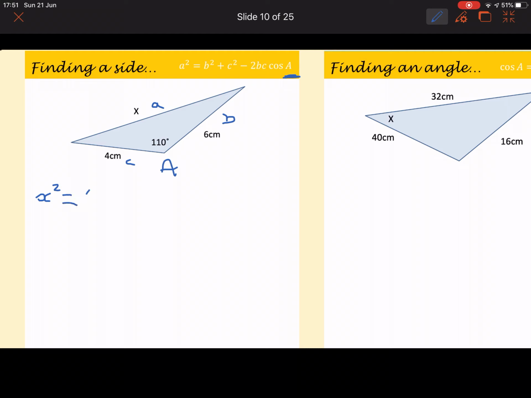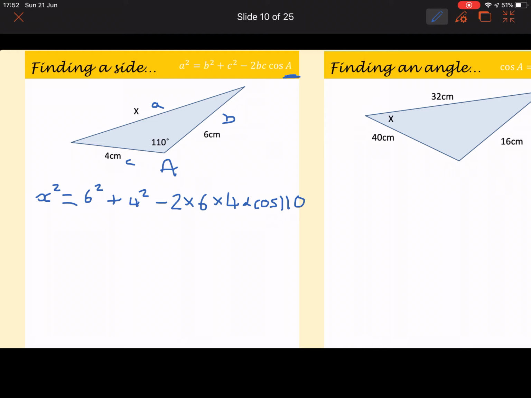Equals b squared, so that's 6 squared, plus c squared, so 4 squared, minus 2bc cos A. So it's all multiplied together, 2bc cos A. So it's 2 times b, which is 6, times c, which is 4, times cos A. So times cos of 110. Okay, you can just type that all into your calculator.